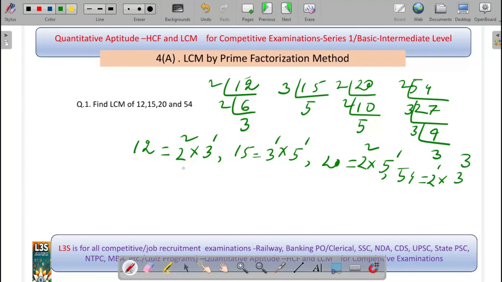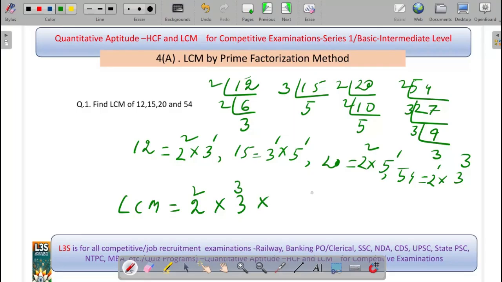So LCM will be: what is the maximum exponent of 2? Here 2 to the power 2, 2 to the power 2, 2 to the power 1. So 2 to the power 2. Then 3 to the power 3.